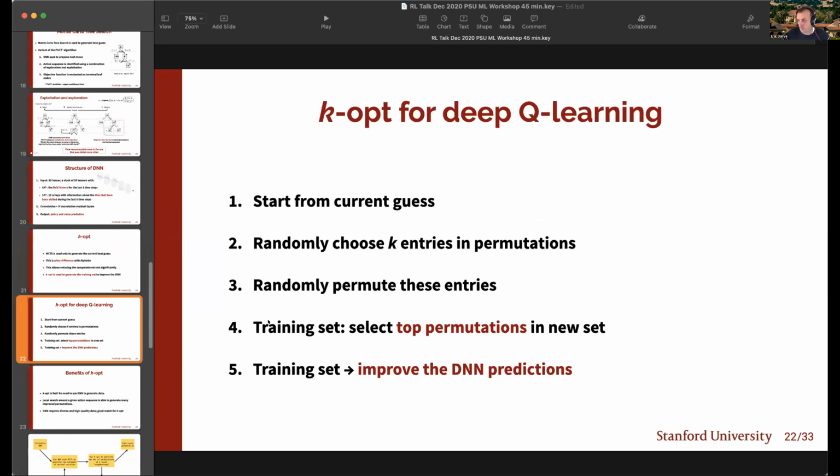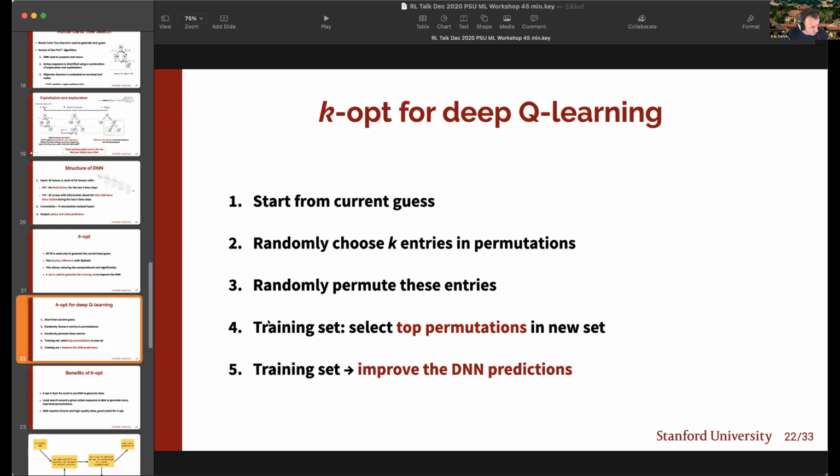Your analysis is correct. If you use a k that's too small, then you're making very, very small moves, so you're very limited, and the odds of finding a better trajectory are small. Also, your improvement in the objective function may be very small, so you're learning very slowly. But if you increase k too much, then it becomes very costly to generate all these permutations and do the down selection for the training set.